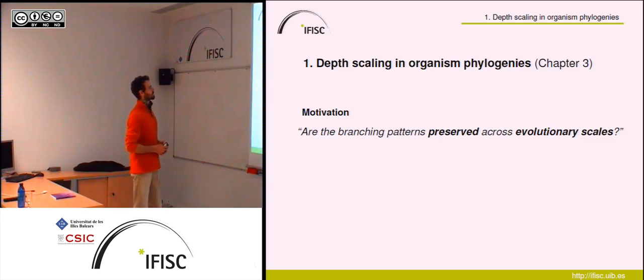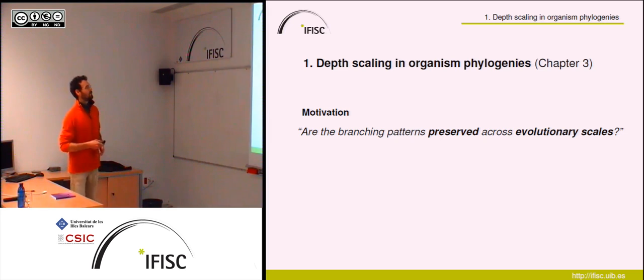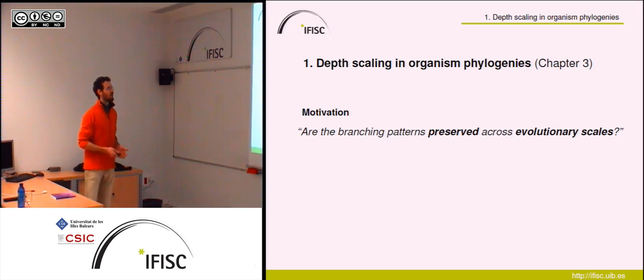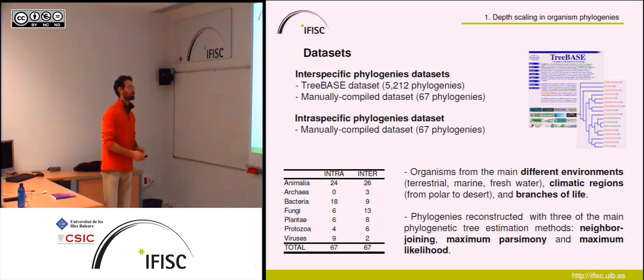For the first section, our main goal in the analysis of the depth scaling of organism phylogenies was to characterize how preserved the branching patterns are across the different evolutionary scales, macro and micro evolution.